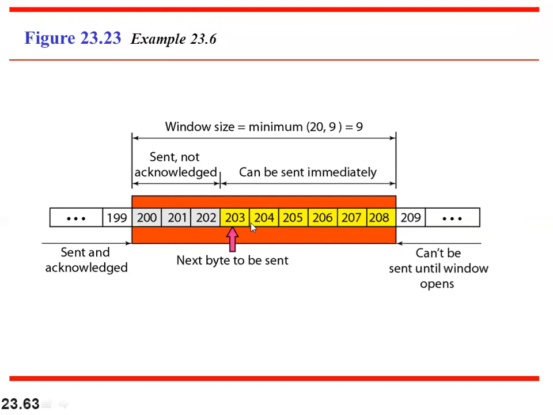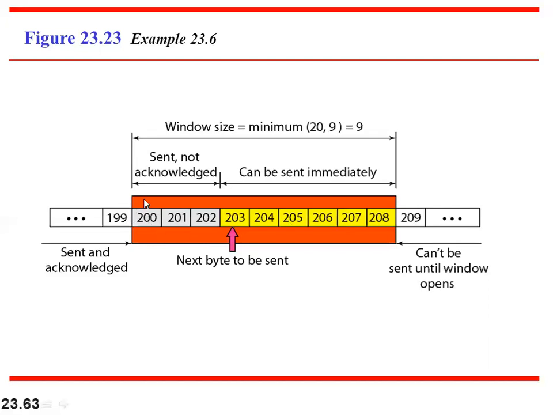If the sender transmits those bytes also, there will be congestion in the network or at the destination, wherein the remaining bytes will be dropped by the network or by the destination. Inside this window are the bytes which sender TCP can transmit. Let us say sender TCP has transmitted bytes 200, 201, and 202.